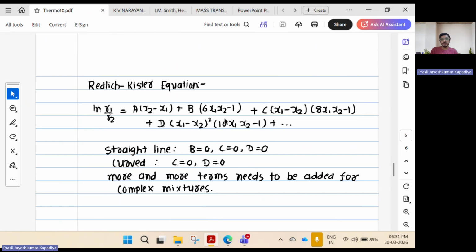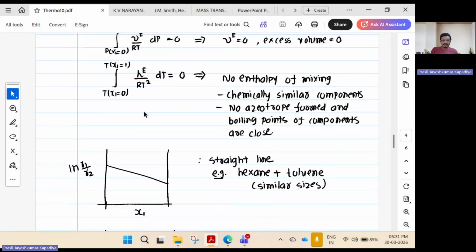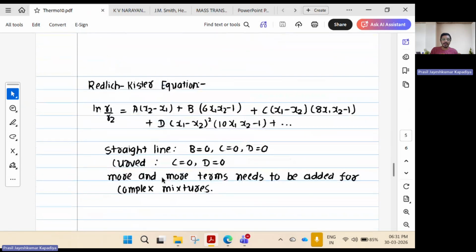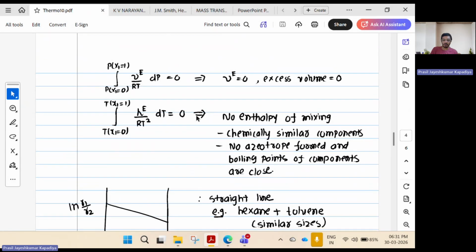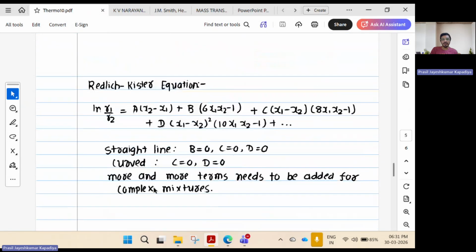When all the constants b, c, d are 0 and we have only constant a. We can also get this kind of curve. So when can we get a curve? When c and d are 0, but we have a and b. And when we are getting more and more complex curves like this one with a point of inflection, we need to consider more and more constants in the equation.